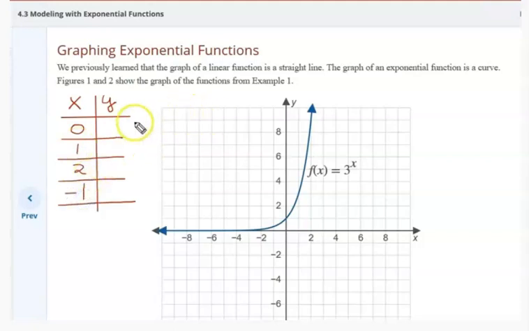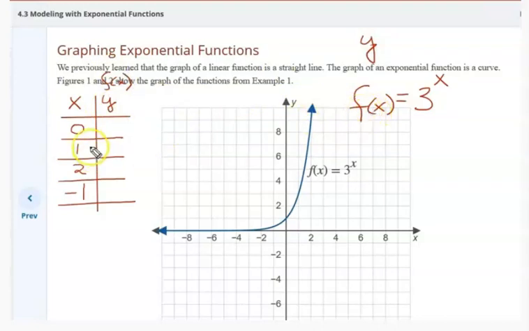And then we're going to use this function that they're giving us, f of x is equal to 3 to the x power. So remember, f of x can be substituted with a y. So this is our y. We could put here f of x too if we wanted.